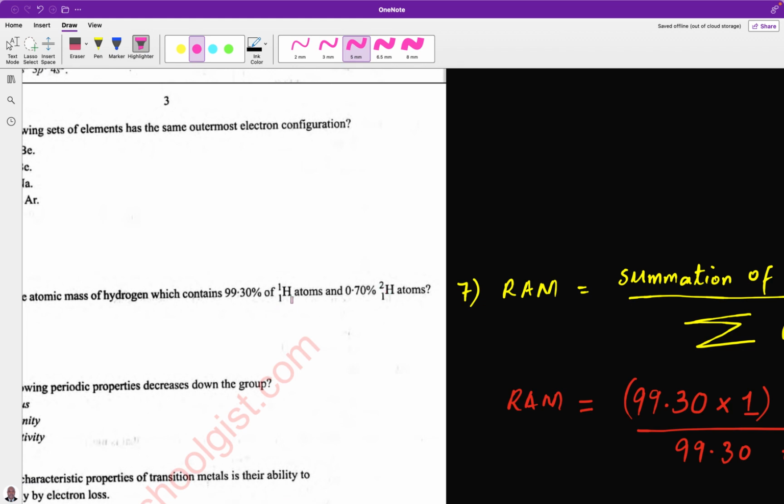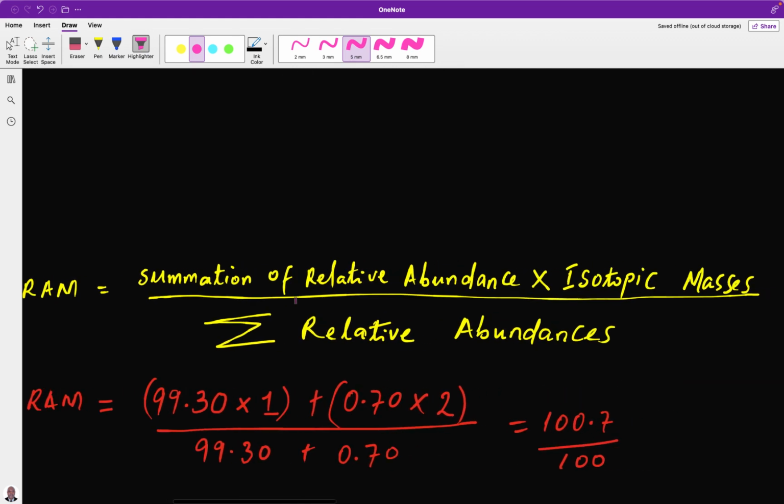So we do relative abundance times isotopic mass. The first hydrogen has a mass of 1 times its relative abundance, plus the second hydrogen, which has a mass of 2 times its relative abundance, divided by the total sum of the relative abundances.